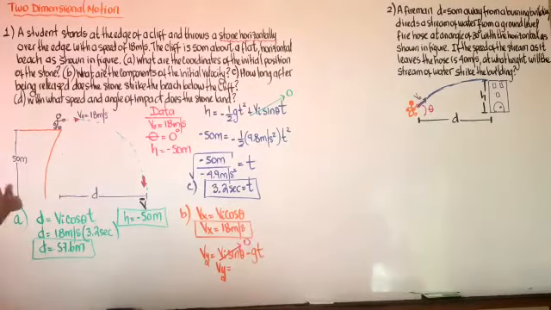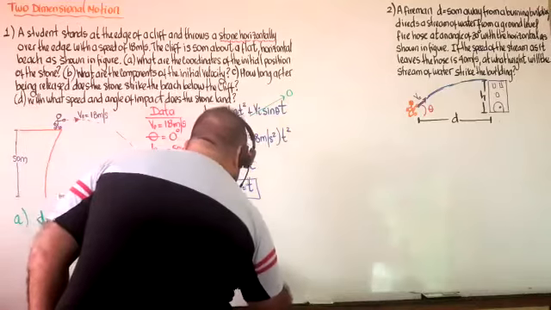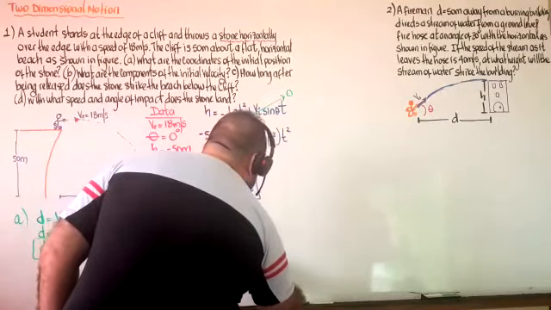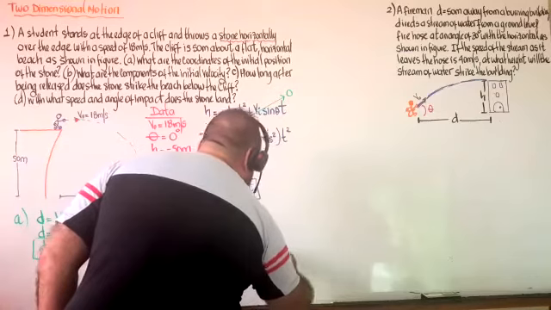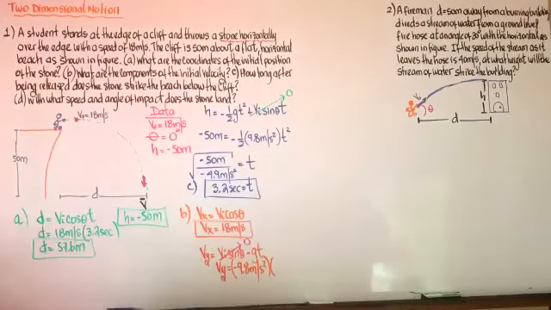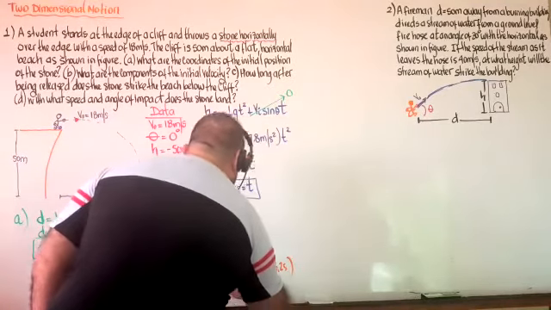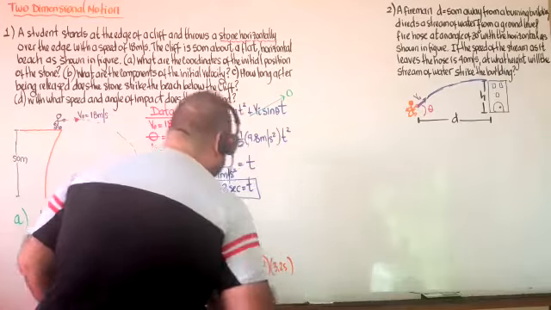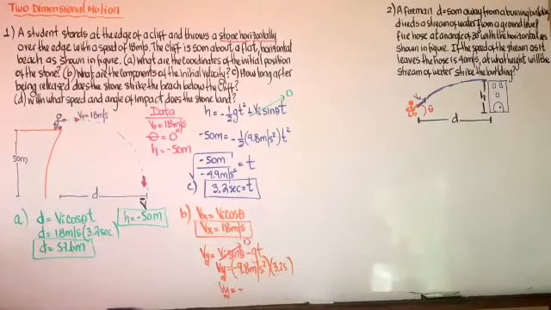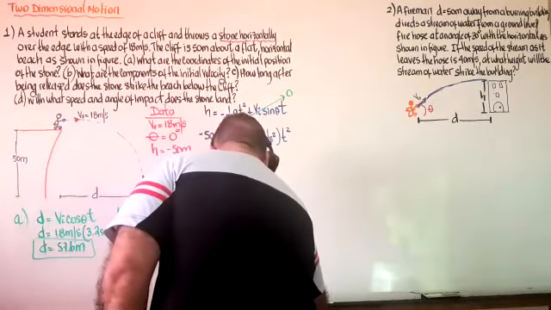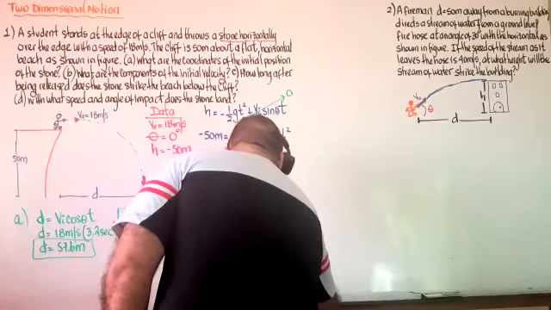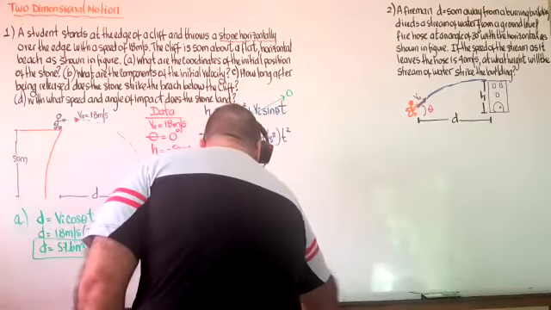Remember, negative g means the gravity. So negative 9.8 meters per second squared multiplied by the time, 3.2 seconds. The velocity y gives us negative 9.8 multiplied by 3.2. The answer will be negative 31.36 meters per second.